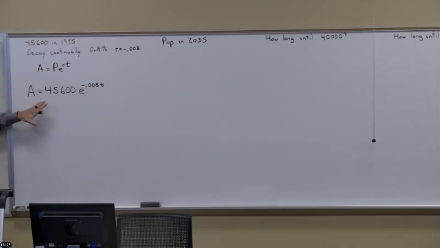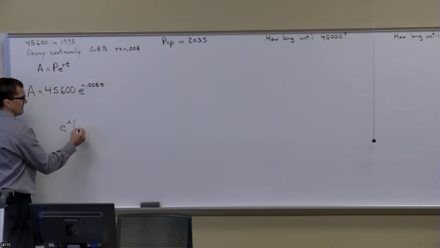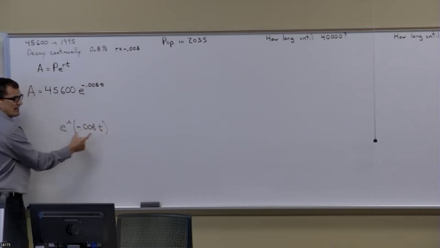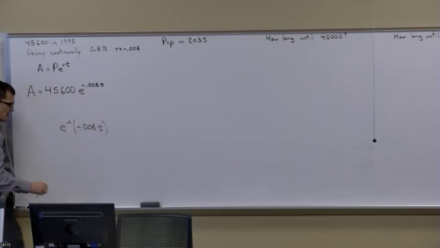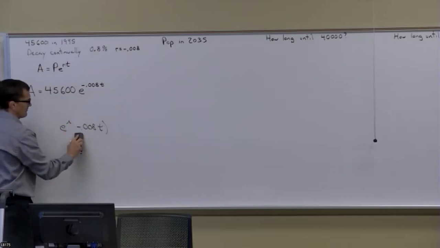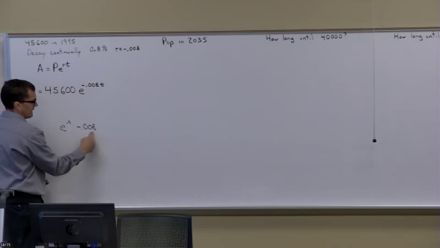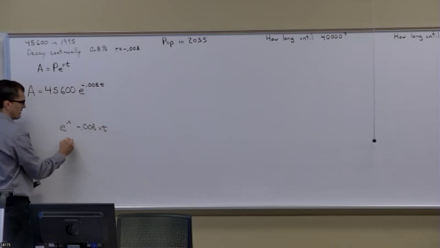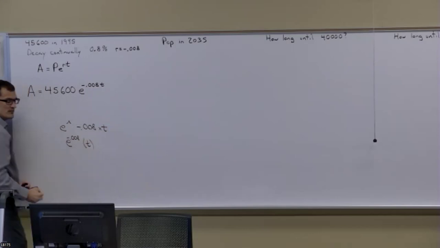If it asks for an equation in Moodle, make sure that if you type in E caret, you might need parentheses around the exponent so that all of that stuff goes into the exponent, right? If you typed it in as E caret negative 0.008 times T, then it might think that you want to calculate something else.